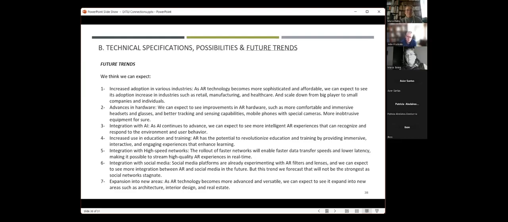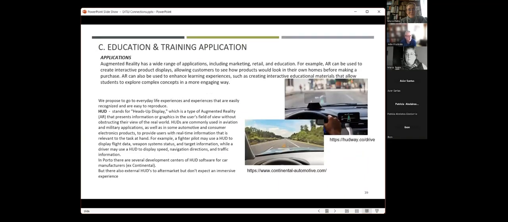Okay, and we'll expand into new areas, special real estate and things like that, because you can present different things.